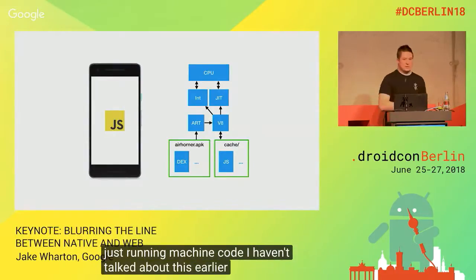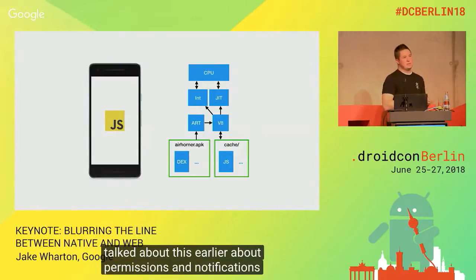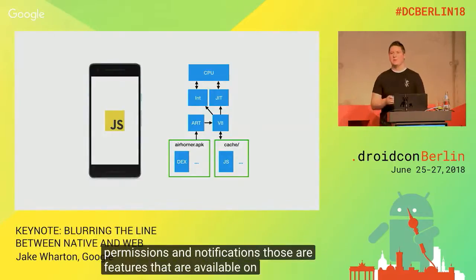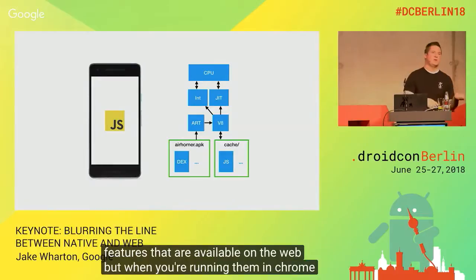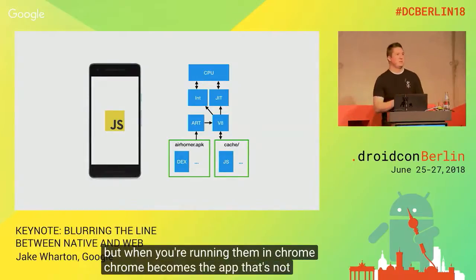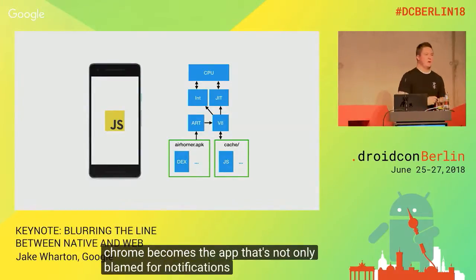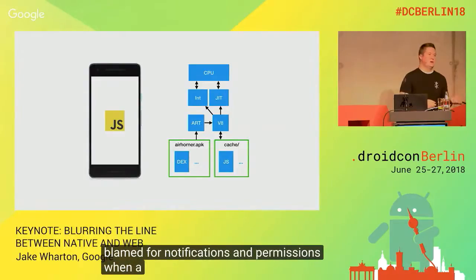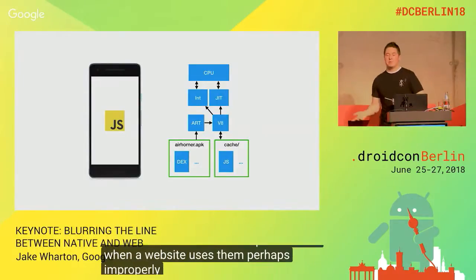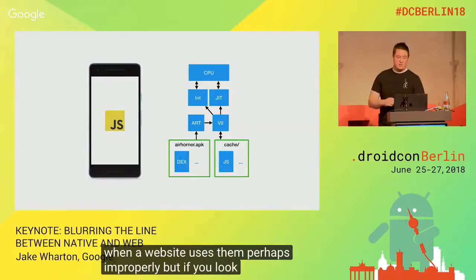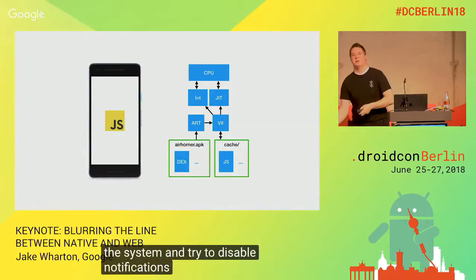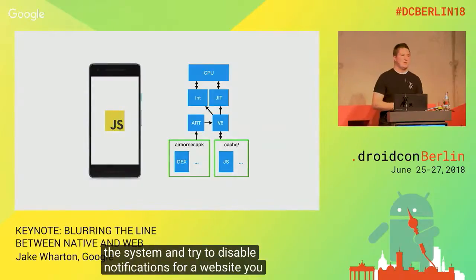I hadn't talked about this earlier, but permissions and notifications are features available on the web. When you're running them in Chrome, Chrome becomes the app that's blamed for notifications and permissions when a website uses them perhaps improperly. If you try to disable notifications for a website, you have to do it through Chrome.